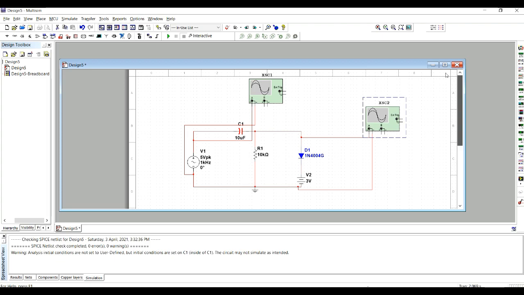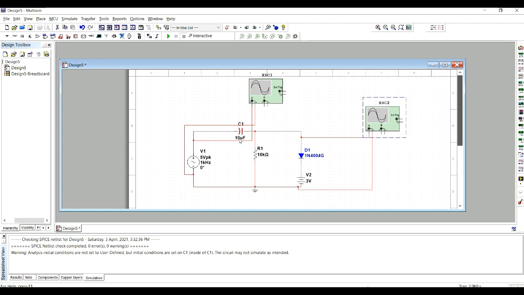Next, over here we have the biased negative clamper circuit, where in this case we have an input of 10 volts peak to peak, but for this we use a 5 volt peak, which is 5 volts for both the positive cycle and negative cycle.